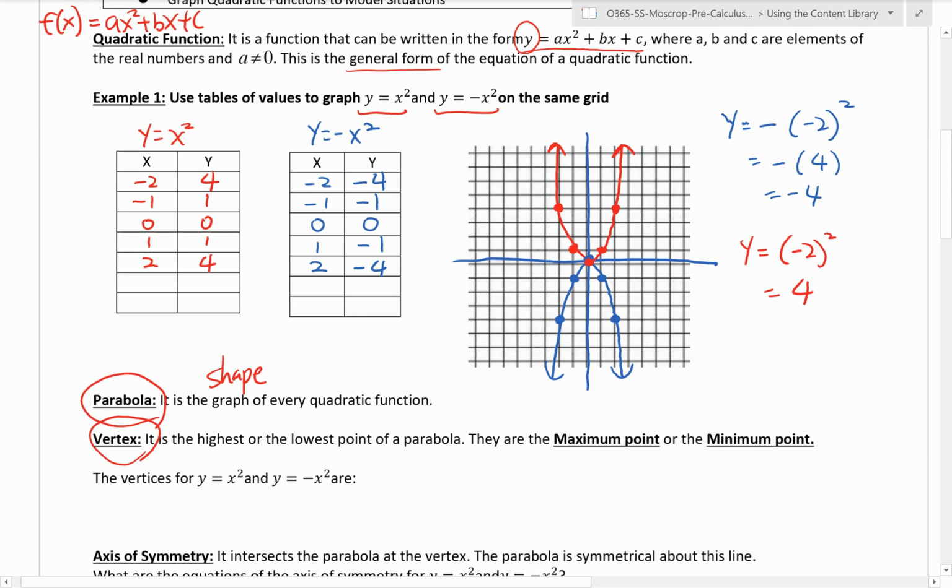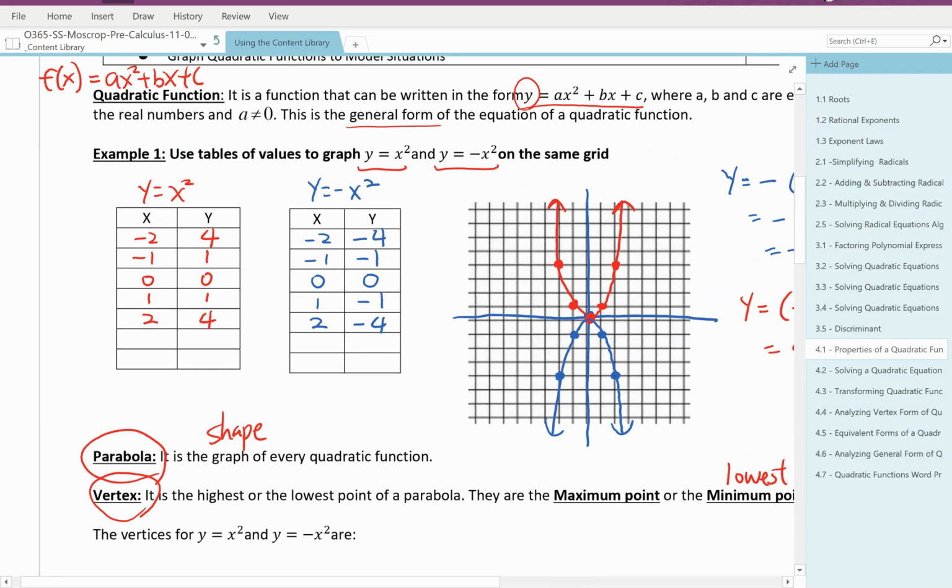So in our example here, you can see the red graph y equals x squared has a minimum. This one is the lowest. It has a minimum, and the vertex is actually (0, 0), because that's the lowest point, right? We call that the minimum, and that is the vertex of that parabola, at (0, 0).